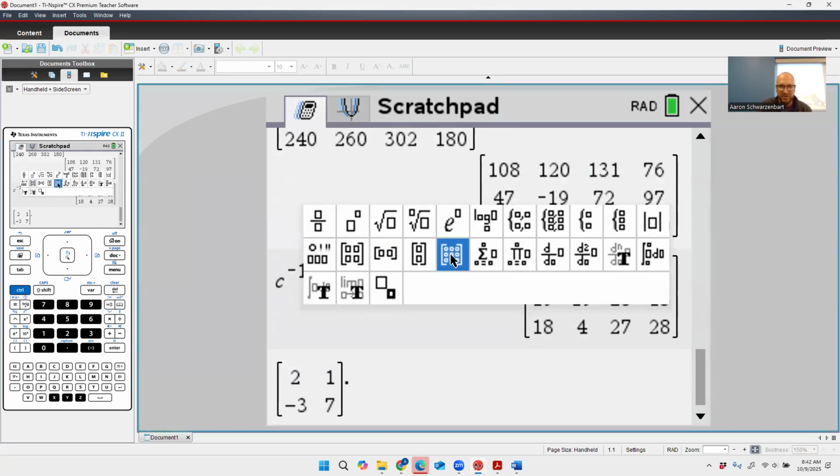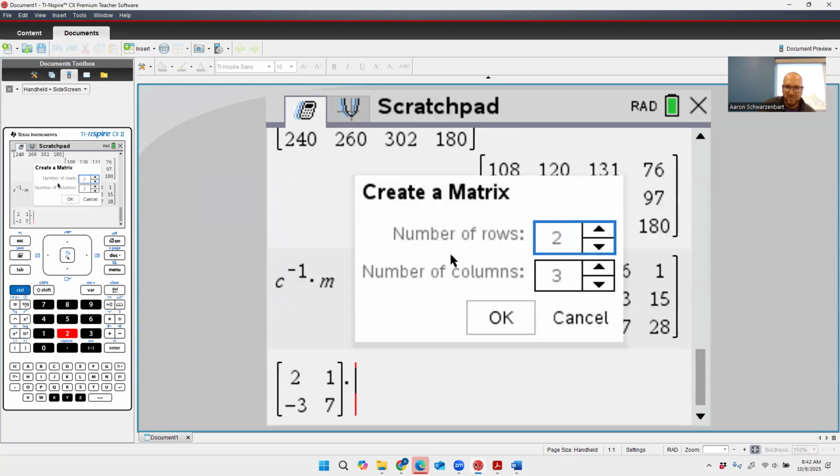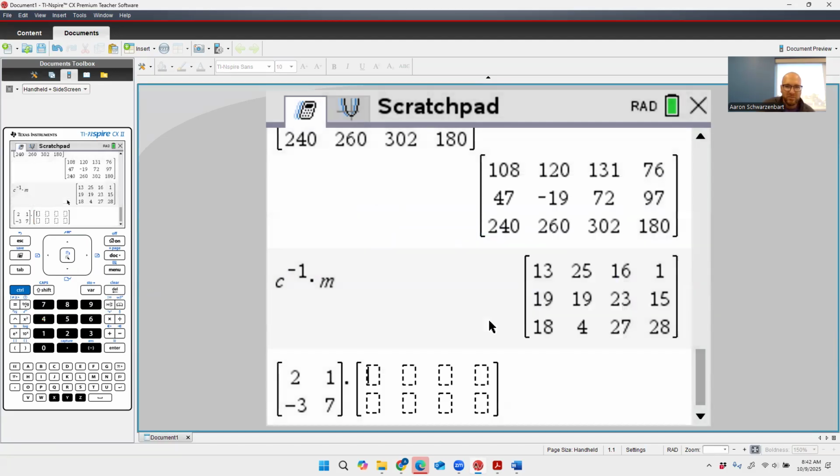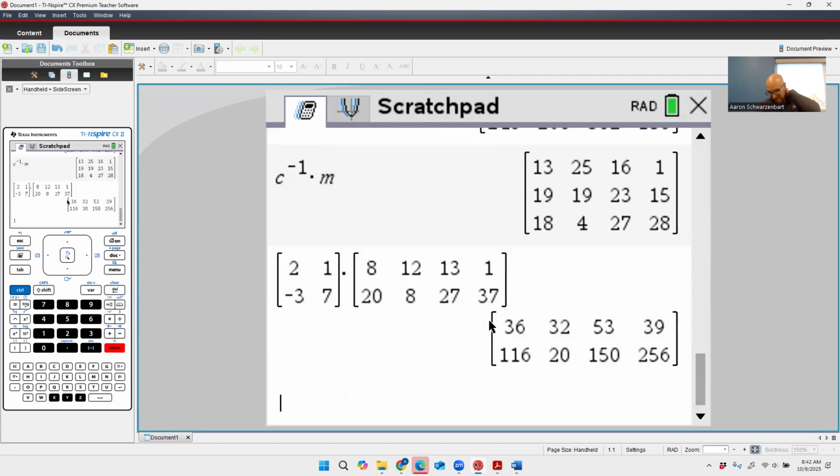I have to use this 3 by 3 one where I select them. 2 by 4. 8, 12, 13, 1, 20, 8, 27, 37. And I end up with that. That kind of makes sense. Okay, that is the end of today's lesson.